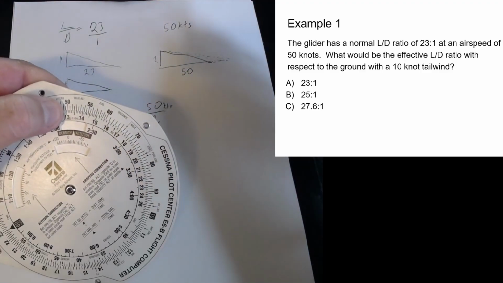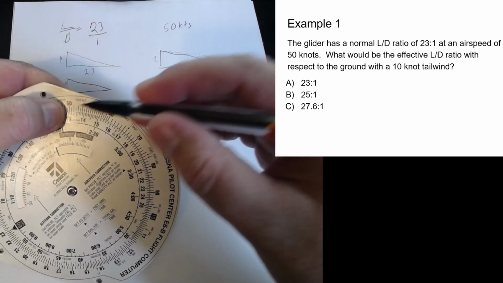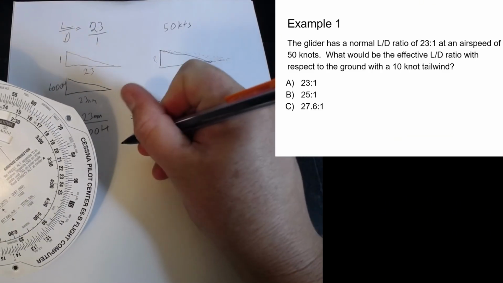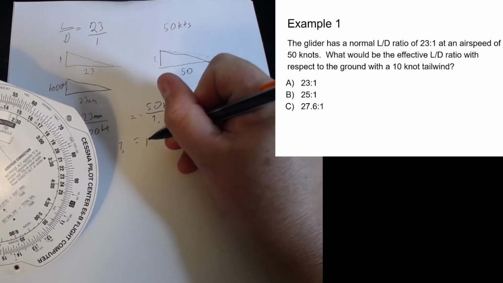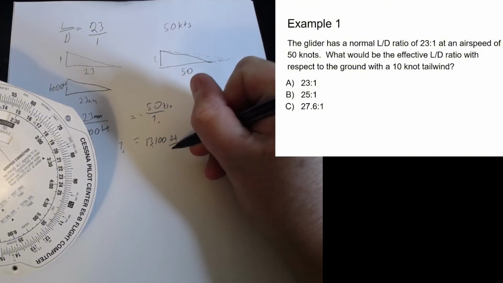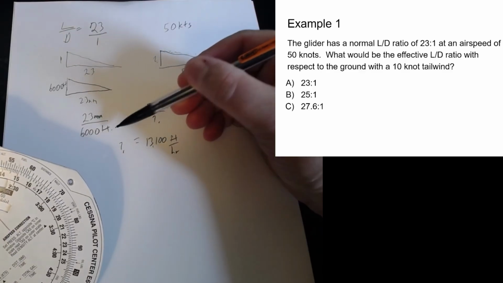It's over 13, we'll just say that's 13.1. So in our case, question mark is equal to 13,000 feet per hour, because it was nautical miles over feet. Feet was on bottom.